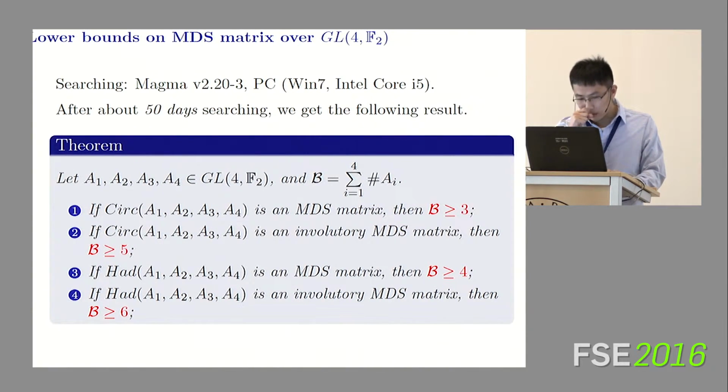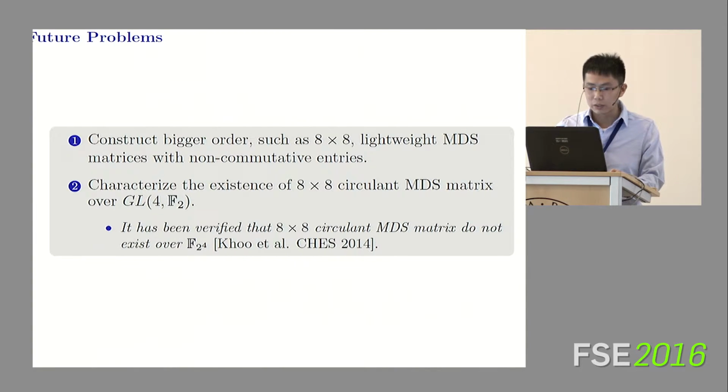The answer when m equals 4 is no. It takes us nearly 50 days of searching to verify that for the circulant MDS matrix, the circulant involutory MDS matrix, the Hadamard involutory MDS matrix and the Hadamard MDS matrix, in all these 4 cases, the lower bound on XORs cannot be further improved.